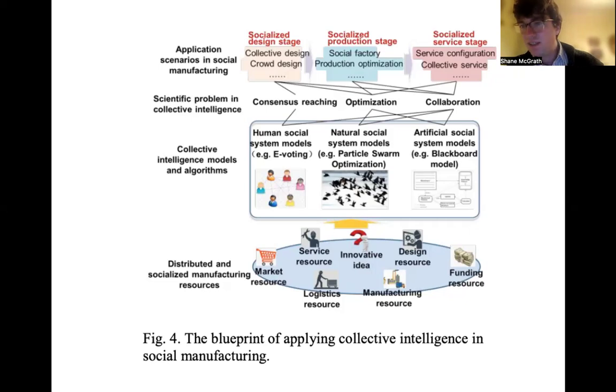However, I think now it's a bit more centralized due to the AI trend driven design that they do now. But again, this is another area where AI would have operations with regards to these collective algorithms, and also socialized design and things like that, manufacturing resources.